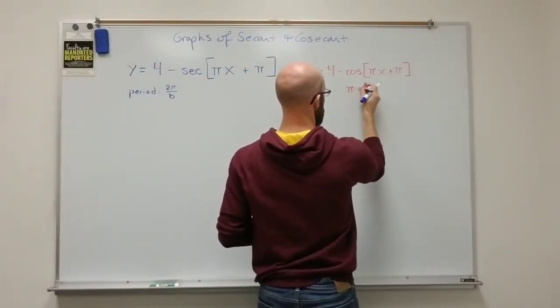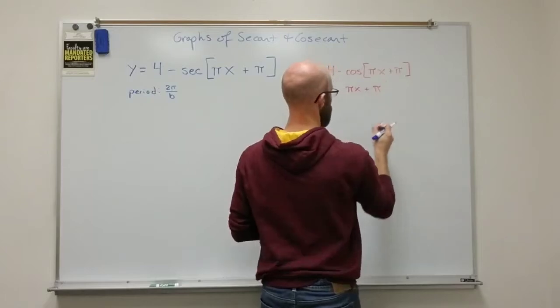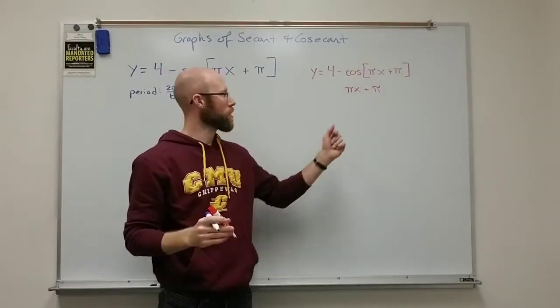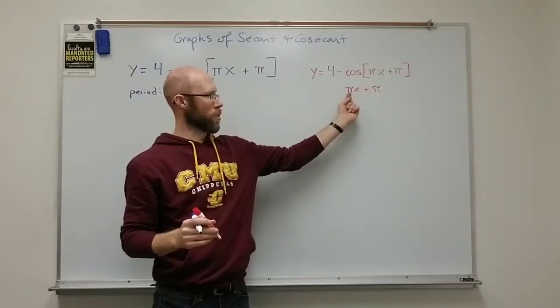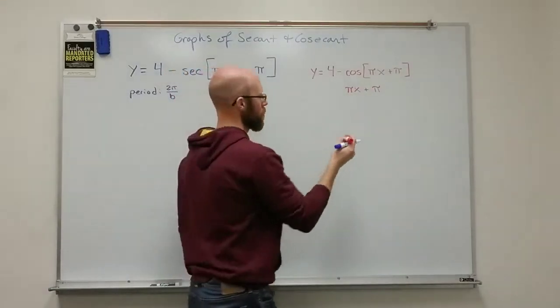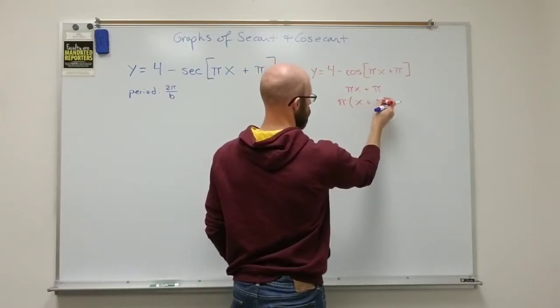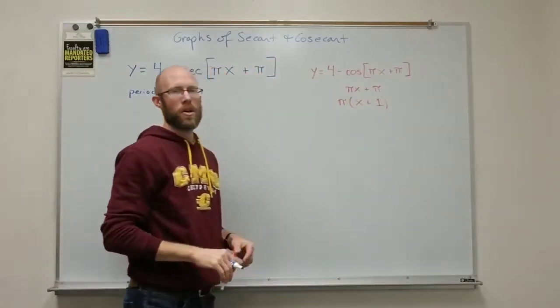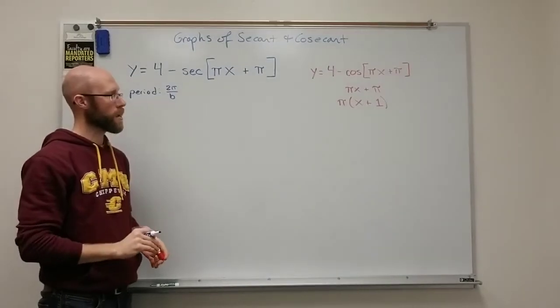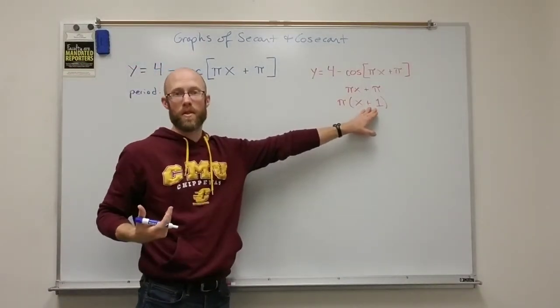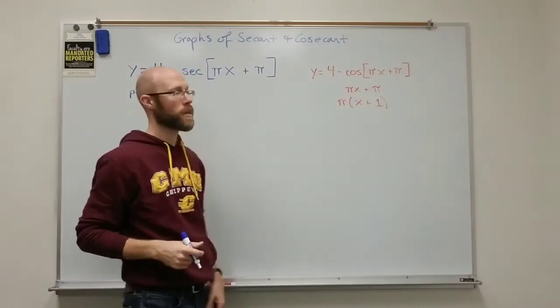If you look at pi x plus pi, remember when we factor these, in order to get the phase shift and the period figured out, we want to pull out whatever the coefficient of x is. So if I factor out a pi, that would leave me with an x plus 1. Okay? So my b value is pi, and the phase shift is the opposite sign, left 1.